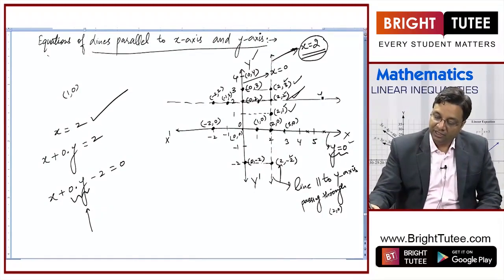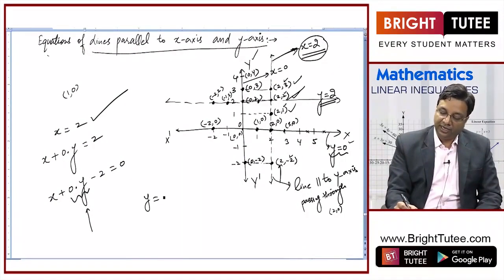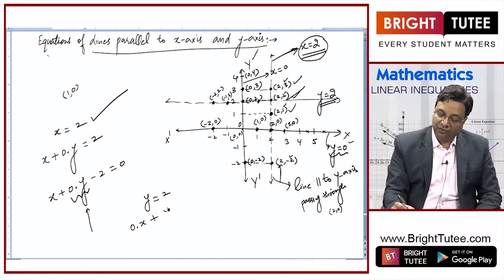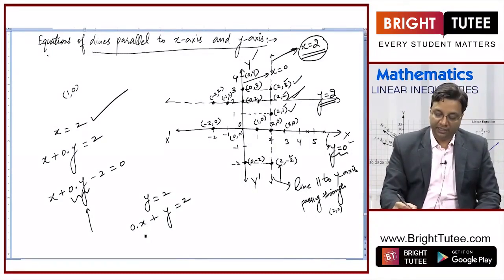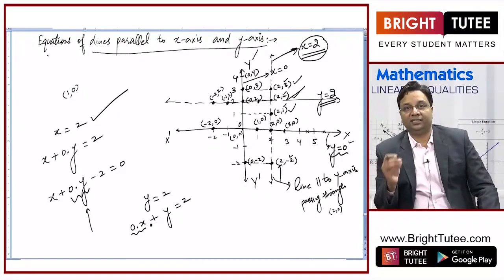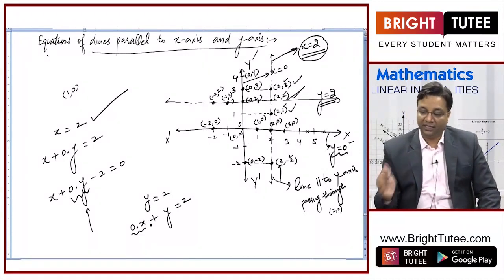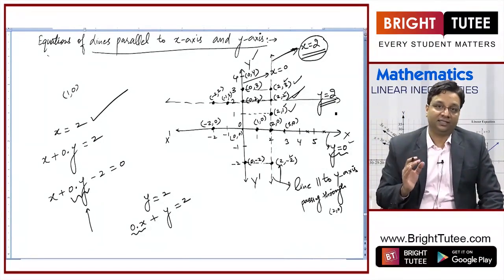This line can be written as y equal to 2, or in standard format, 0 into x plus y equals 2. You put any value of x, y will be 2. It doesn't depend on the values of x. Y will be 2 for this line, and this line is parallel to x-axis.